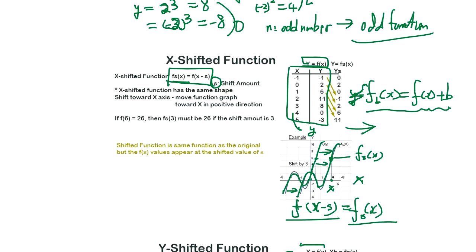In this case, x minus s will be inside f. Okay, so that's going to be the x shifted function. For example, f of 6 equals 26, then the function shifted by 3 toward x will again give 26 after you shift, because 6 minus the shift amount 3 is 3. You get it?